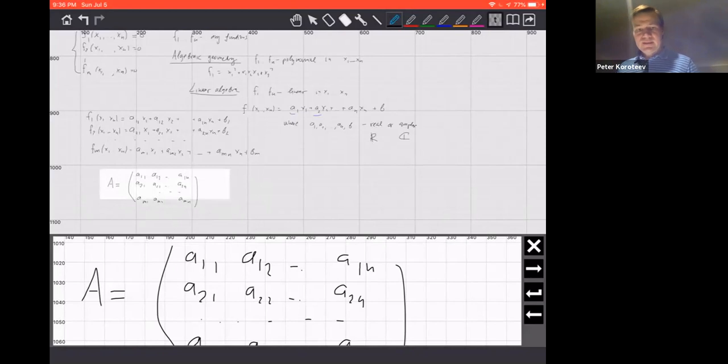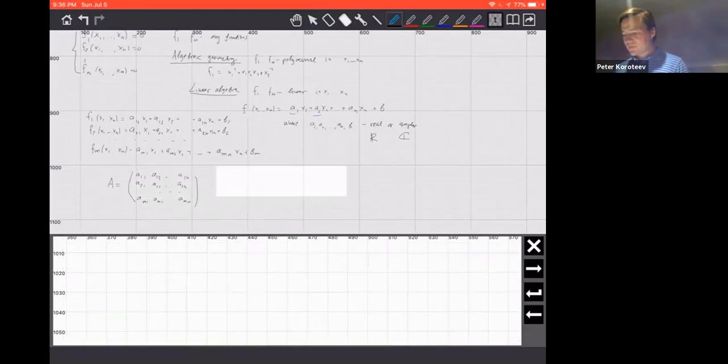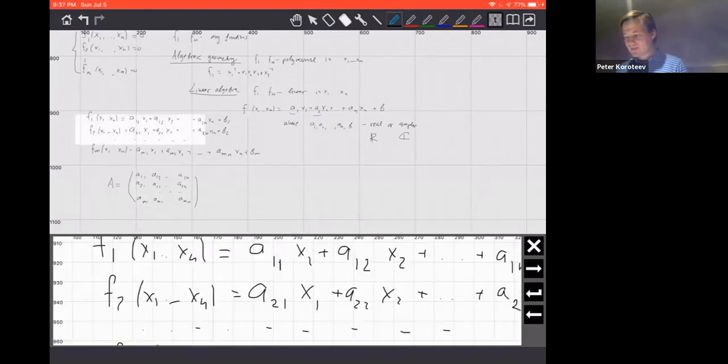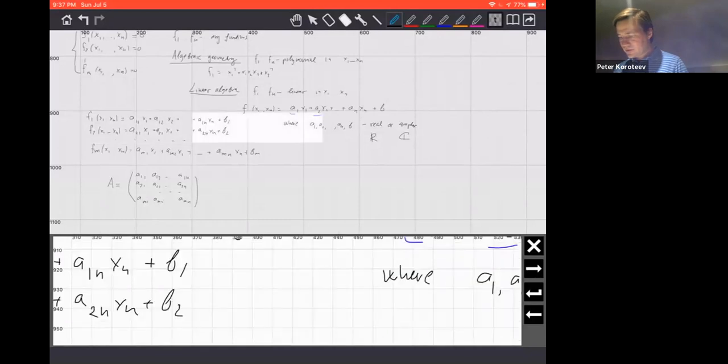So let's see what's the geometry behind it, right? Our first task is to understand what it means to solve a system of equations like that, where this is all equal to 0.